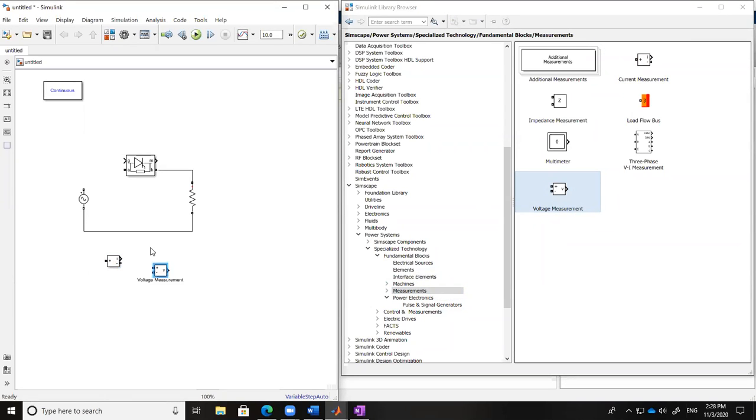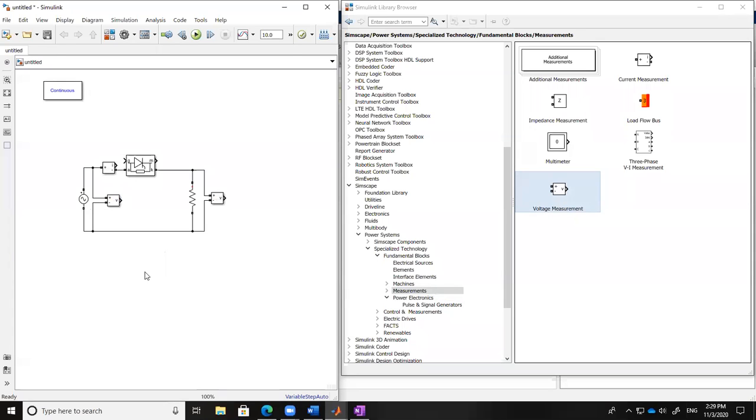Put the current measurement block in series and the voltage measurement block is connected in parallel like this. There will be one voltage measurement block at the source side and another at the load side.